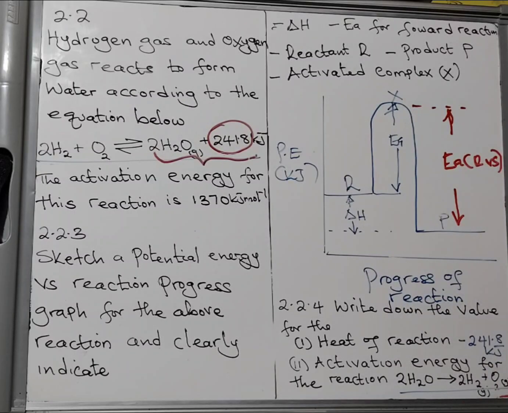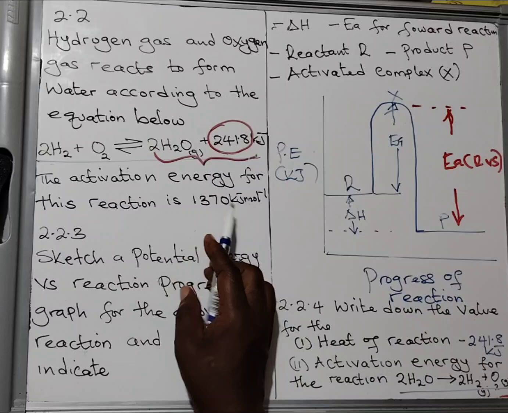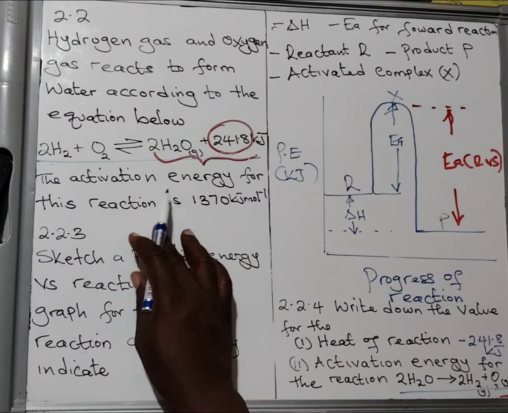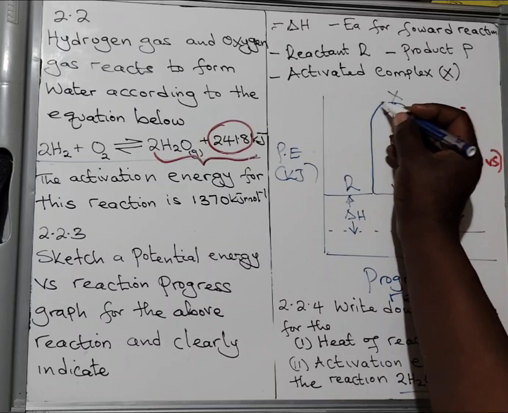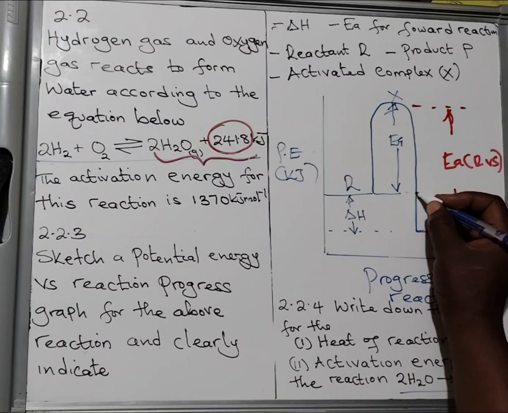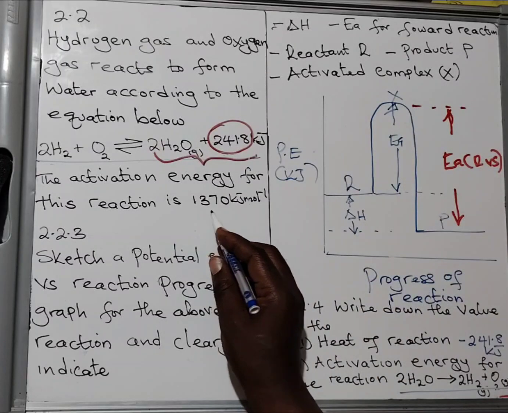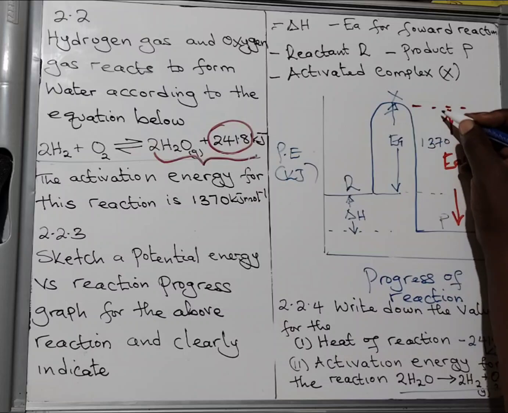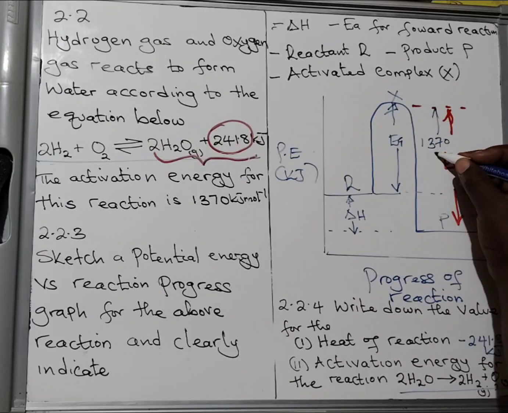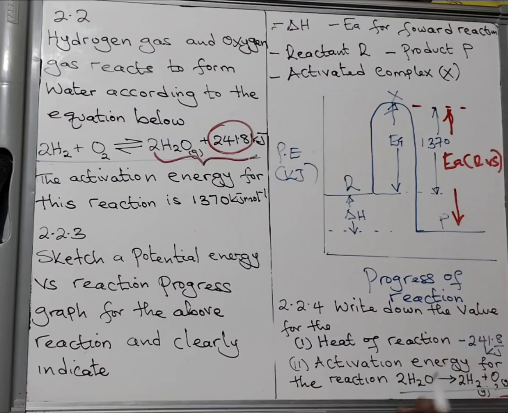So if that's the EA reverse, how do we get it? This is what we know. From the statement, they gave us the activation energy for the forward. So from here up to here, we know it is 1370. That's what we know. And we know something else. What do we know?